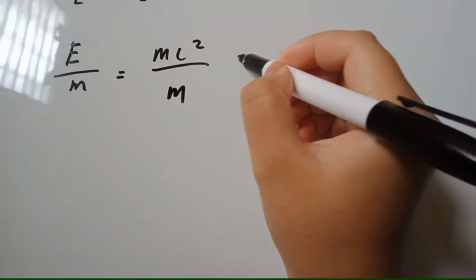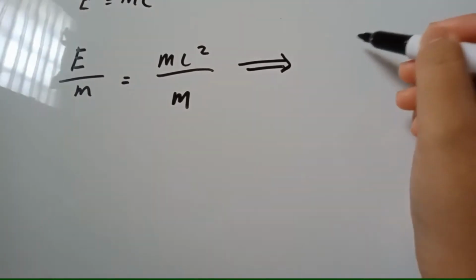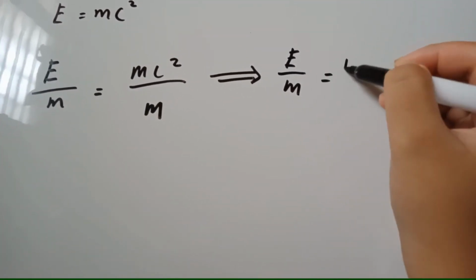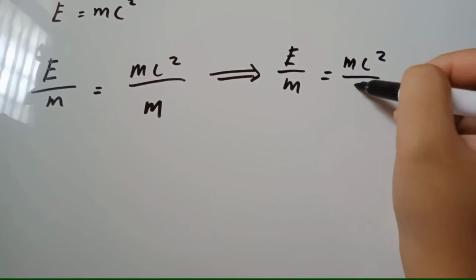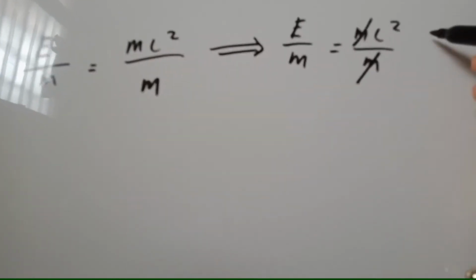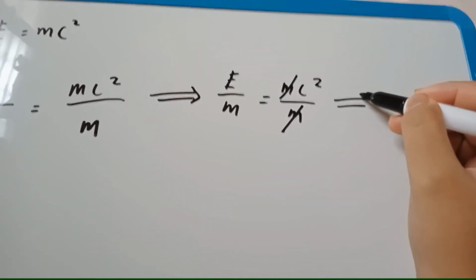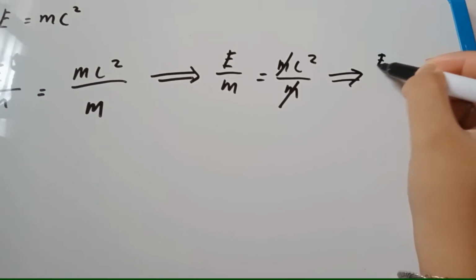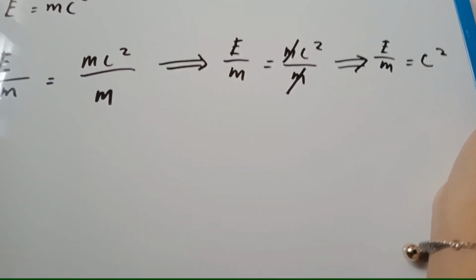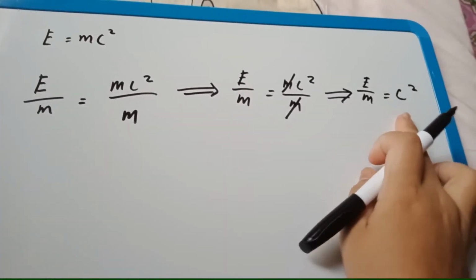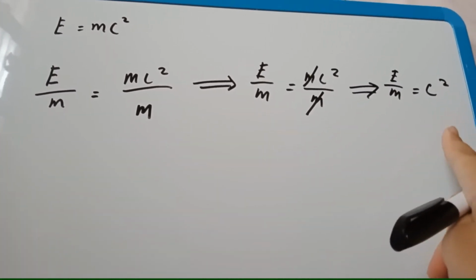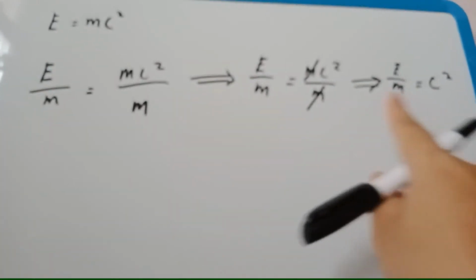So now c is raised to the power of 2. To undo this operation, we take the square root of both sides.